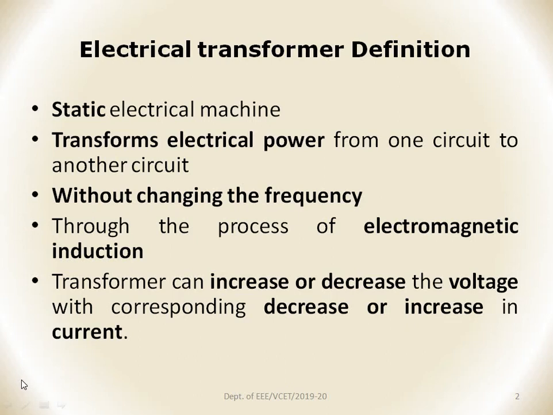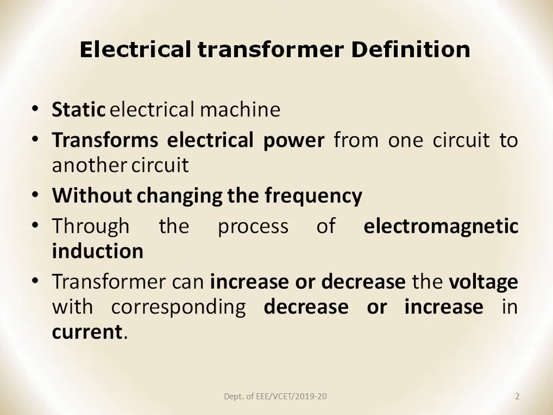We'll start with the definition of transformer. As the name indicates, here the electrical power is transferred from one end to another end, and this transformation will be found without change in frequency. This is possible because of the process called electromagnetic induction.